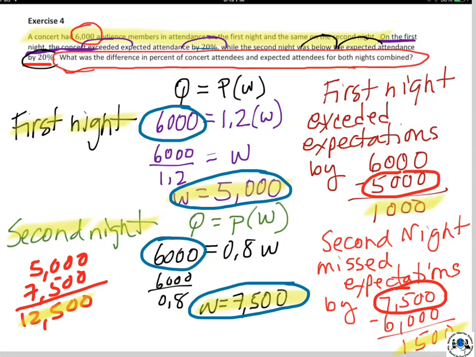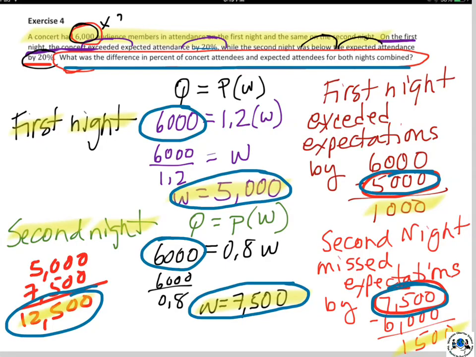So we have a little bit of work to do. We know that our expected concert attendees now were 12,500, because we figured out our expected for the first night, and then the second night, 5,000 plus 7,500 is 12,500. That was our expected. And our realized total was 12,000, because we had 6,000 on 2 nights.